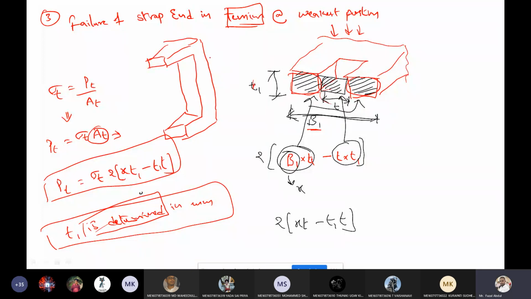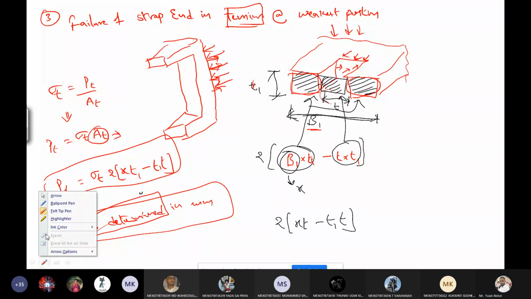So if both are made having the same strength, this is going to hit the surface of the slot here. Otherwise, this is going to hit the surface of the gib here. So both are subjected to crushing. So what is the crush area here? The crush area I'm drawing here. This is a crushing area.